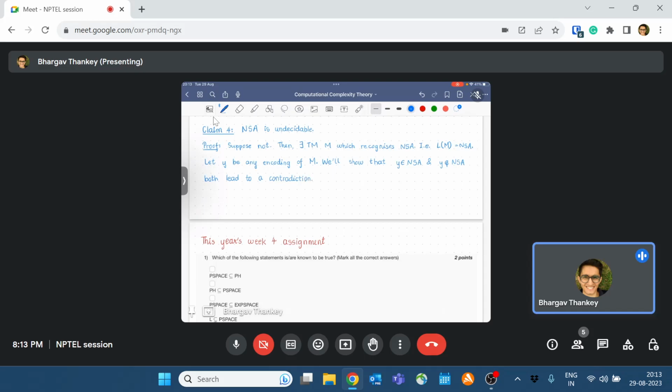If we show this, then our assumption that there exists a Turing machine must be false, because either a string is in NSA or it's not in NSA. So is it clear that if we show this contradiction, then M cannot exist and NSA is undecidable?